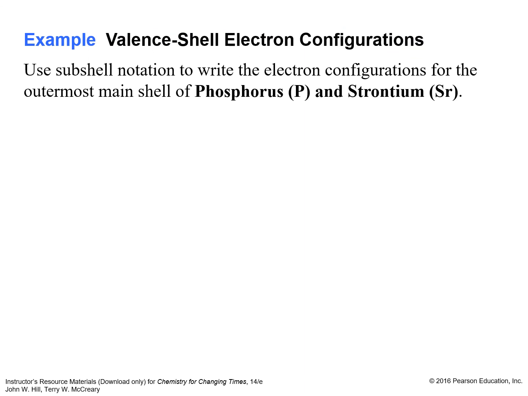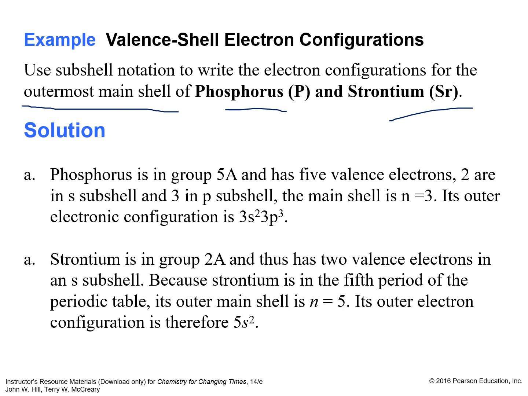So here is a slide which talks about the valence shell electron configuration for phosphorus and strontium. It's asking you the valence shell, so you're just required to write the outermost electron configuration. So let's try the phosphorus. You will look at the periodic table, and you will see it's a group 5A element.